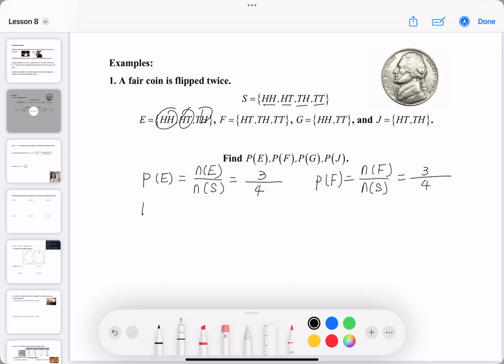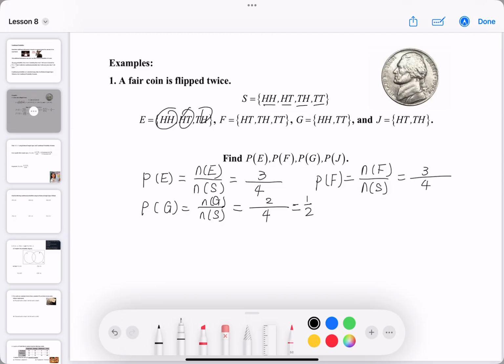And how about P of G? It is N of G over N of S, or we say cardinality. How about N of G? How many elements? We have 2 elements. The sample space has 4, and we simplify the top and bottom.